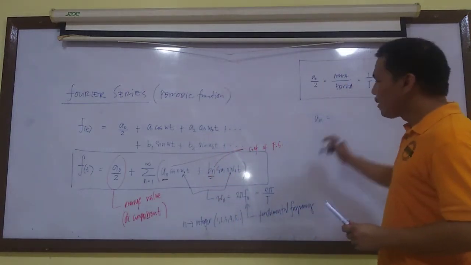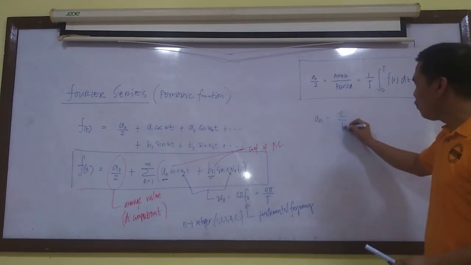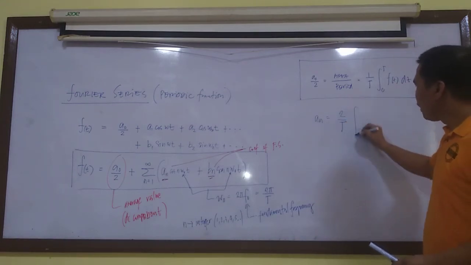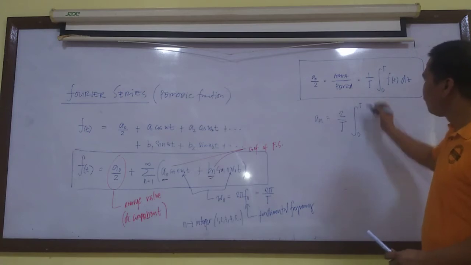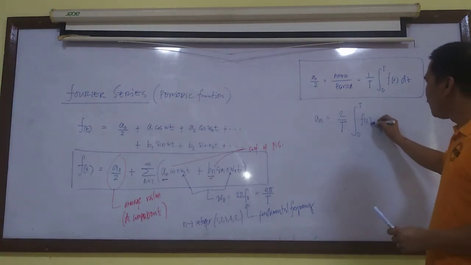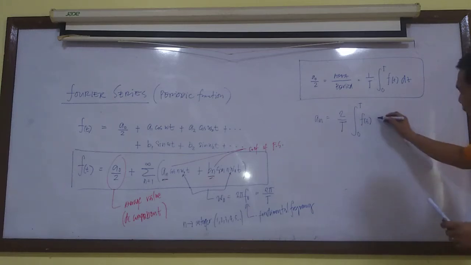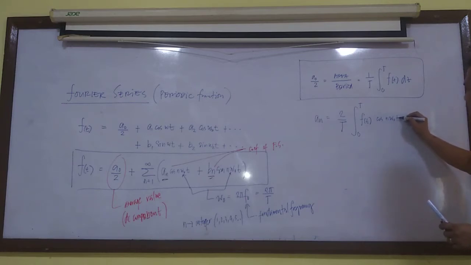Also, we have a sub n. We can calculate a sub n as 2 over T times the integral from 0 to T of f(t) multiplied by cosine of n omega 0 times t, dt.